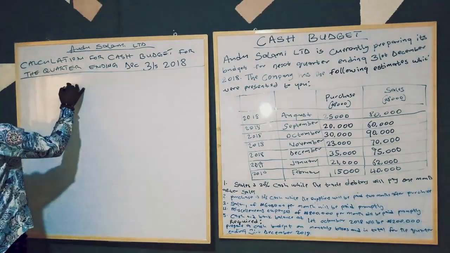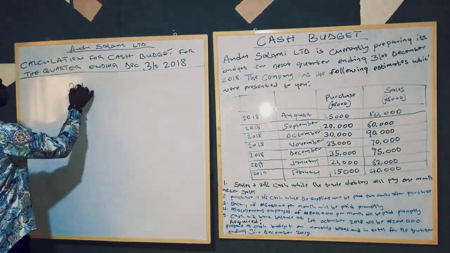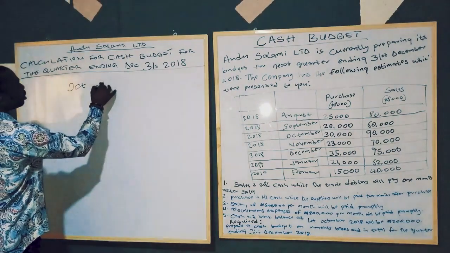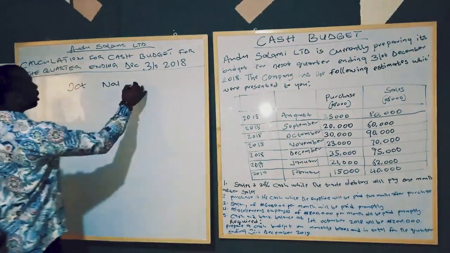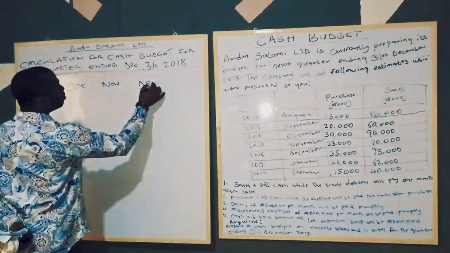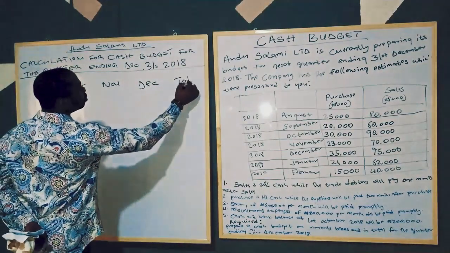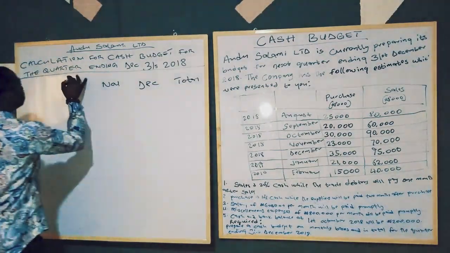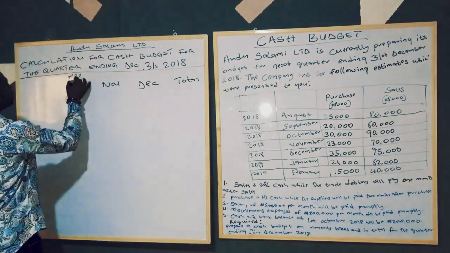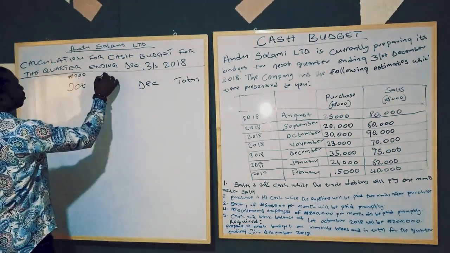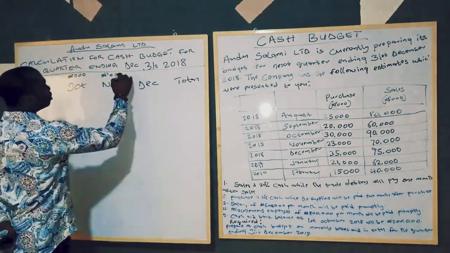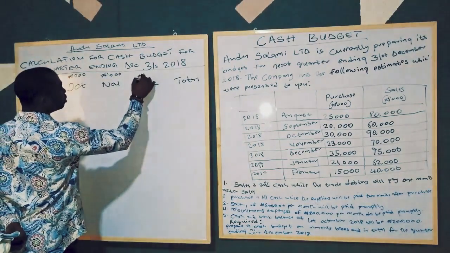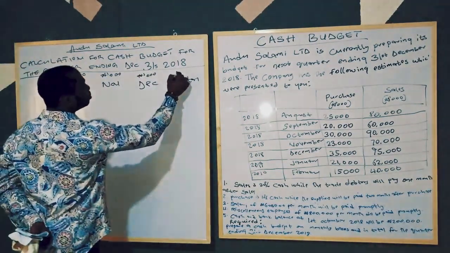So here we have October, November and December. Then we have total. Then we should not forget that we have 000 here, 000 here.